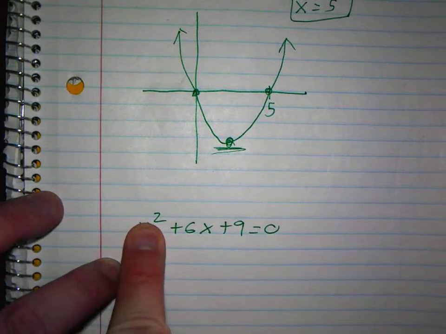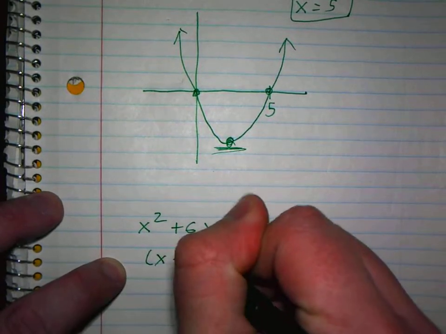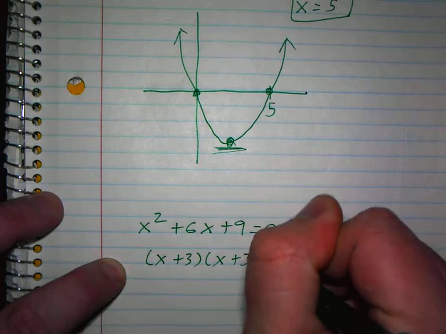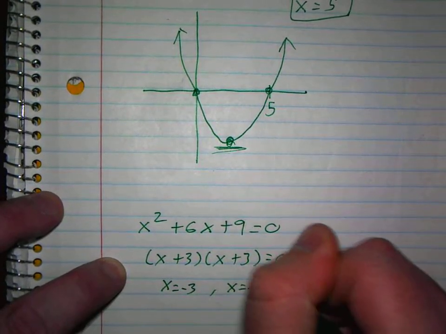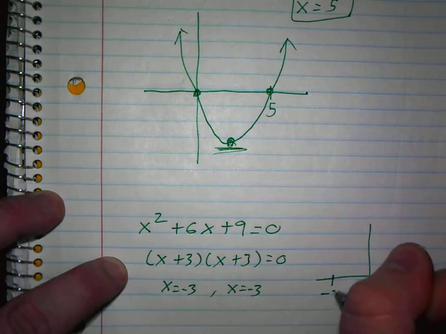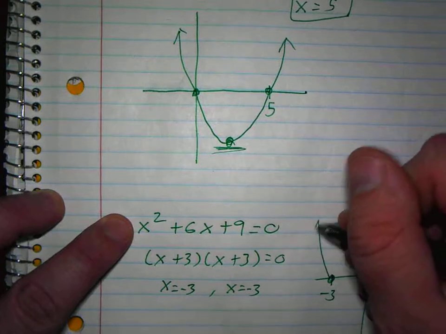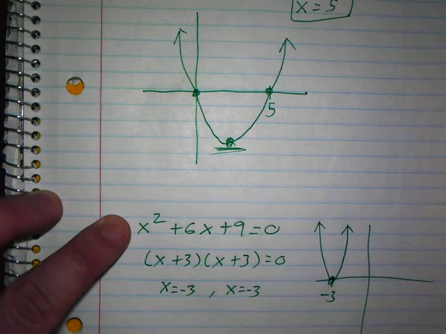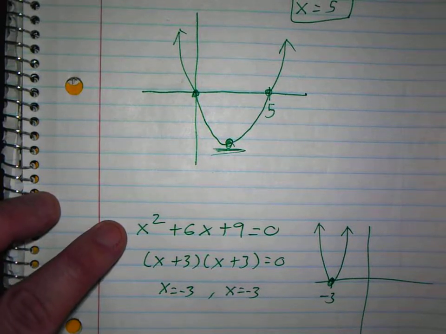And so that would be x and x, 3 and 3. So it'd be x equals negative 3 twice, right? And the way that looks is that it touches at negative 3, and it's up and up, so it goes up and up. That's also where the vertex is. Okay? Right?